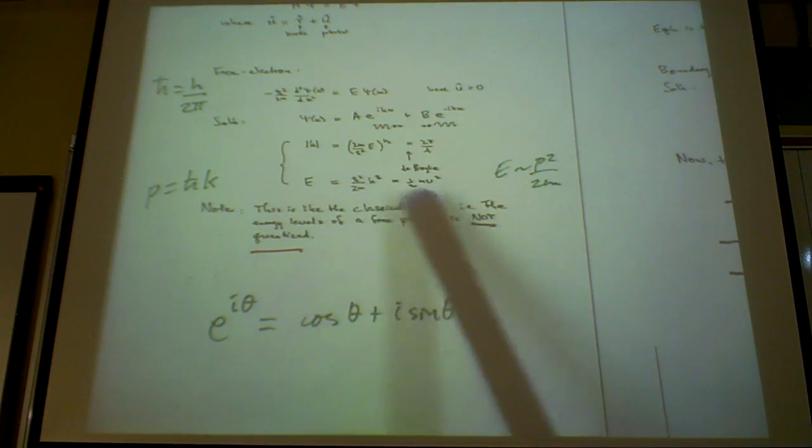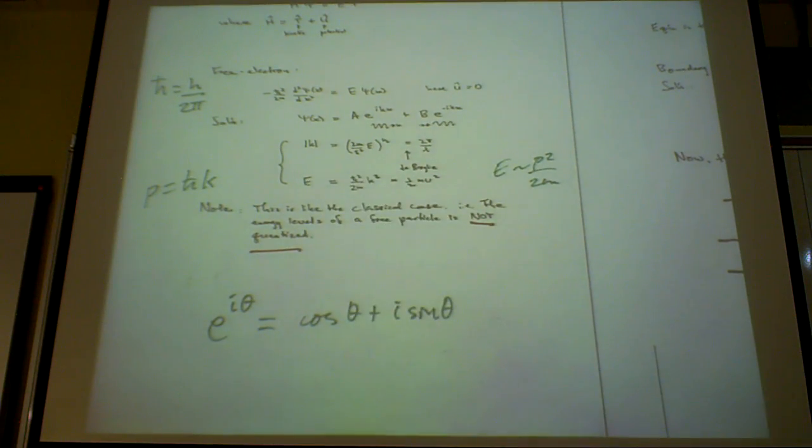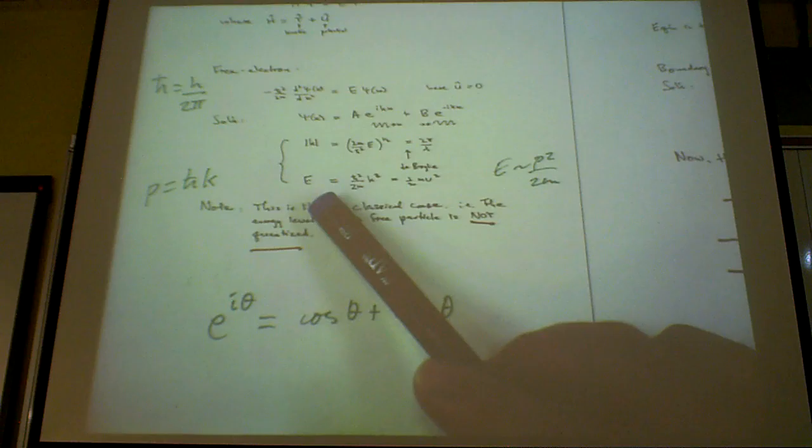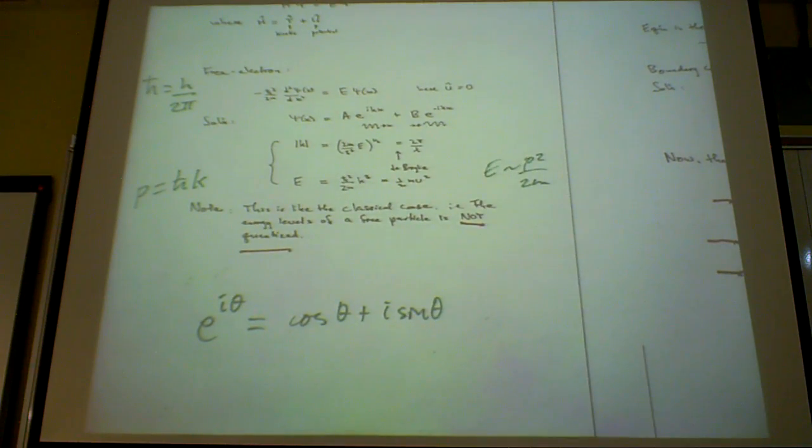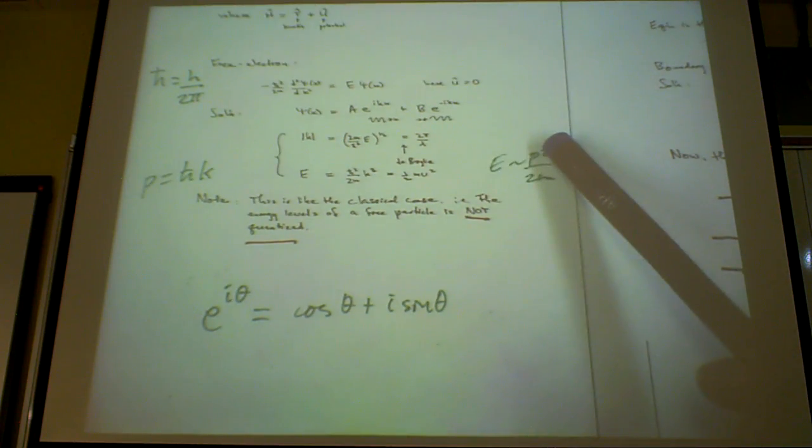And the energy, of course, will be just some constant proportional to k squared. k is, of course, the wave vector that we've been talking about. And so it's quite similar to classical mechanics, where the energy is p squared divided by 2m, and p is the momentum.